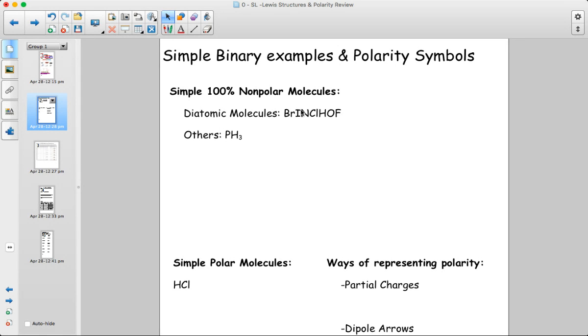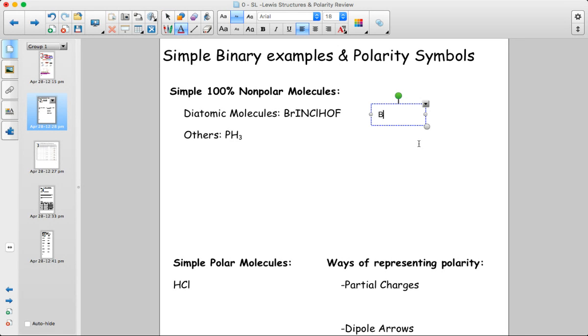Any of our diatomic molecules, so any of the Brinkelhoff elements that exist as simple diatomic elements, so Br2, for example. When bromine bonds to bromine, clearly bromine is going to have the same electronegativity as itself. And so a bromine molecule, if the only two things in the molecule are bromine, well, it's going to be a perfectly nonpolar molecule.